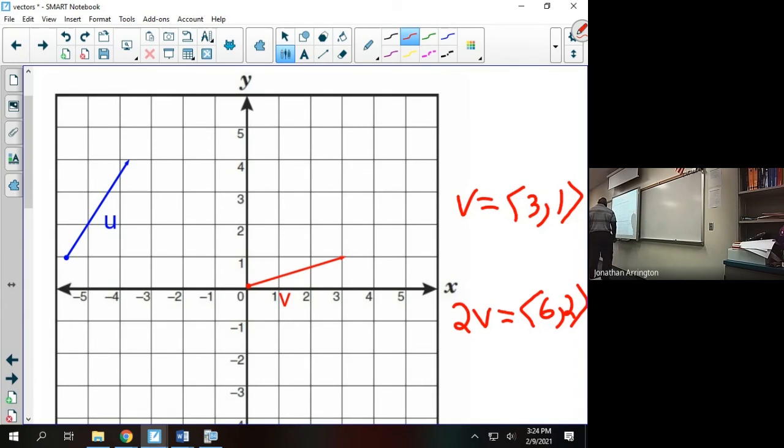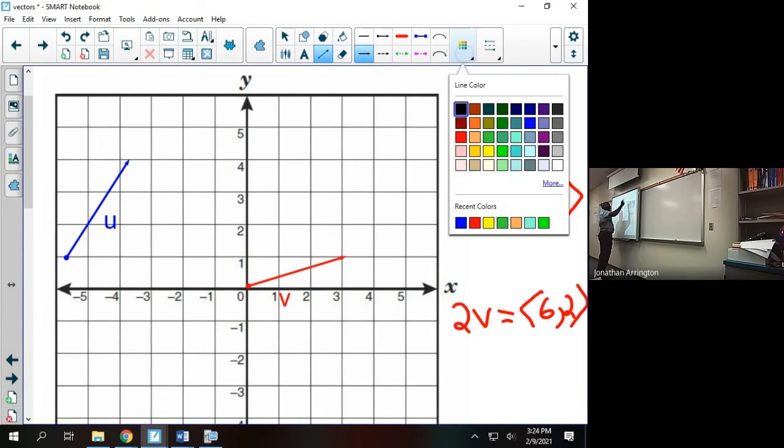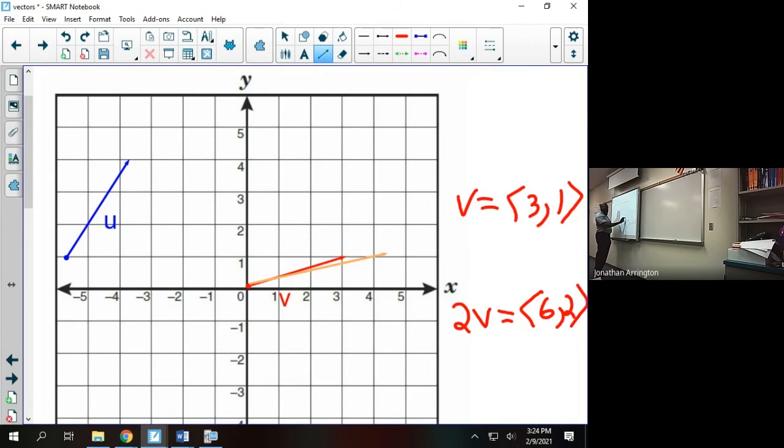But how does that look? How does that vector relate to this vector? So let me plot the vector 6, 2. Let's go orange. So this is the vector 6, 2. Here's 6, and here's 2.